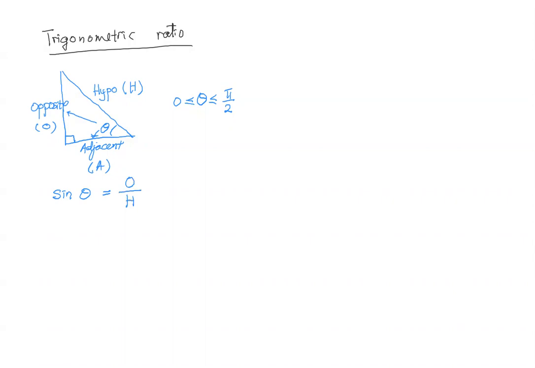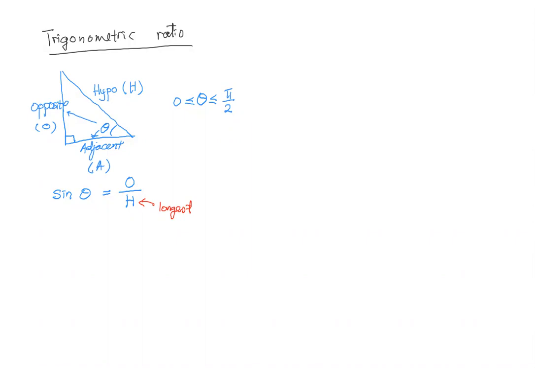So now I ask you, can sin of an angle be more than 1? No, why not? Because hypotenuse is the longest. So opposite is always shorter than hypotenuse.